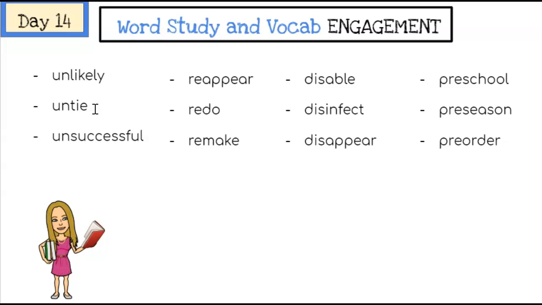Unsuccessful is the opposite of successful or not successful. Reappear means to appear again. Redo, we already talked about on our last slide, means to do again. Remake, can you guess what that means? That's right, it means to make again.